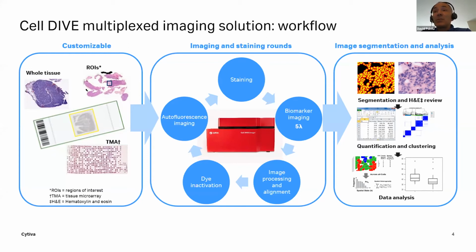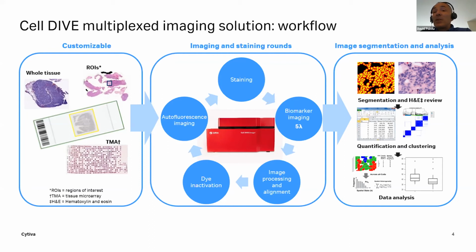It's very important to characterize the natural autofluorescence of the tissue before starting the staining. Then you will perform the staining, which most of the time means a primary antibody conjugated with a dye. Then we will perform the imaging with the system. We can do 5 wavelengths at a time, which is also a way to scale up the experiment.